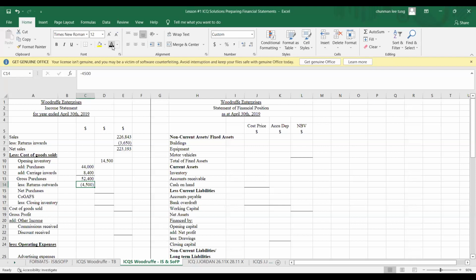So you'll see how I'm laying it out. When we less our return outwards, your net purchases will then be 47,900.